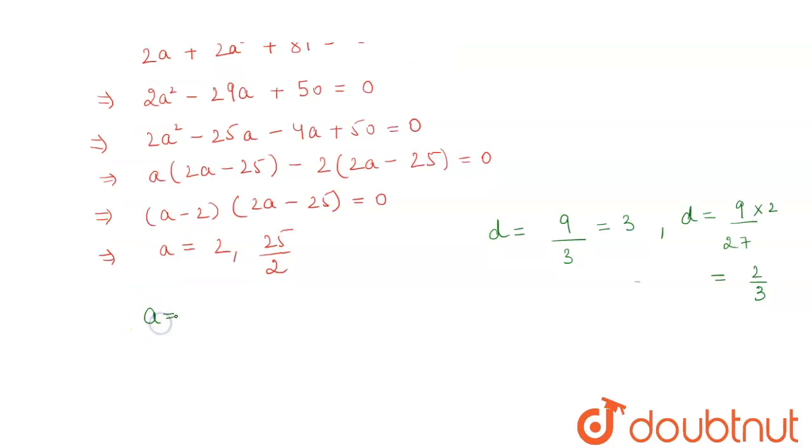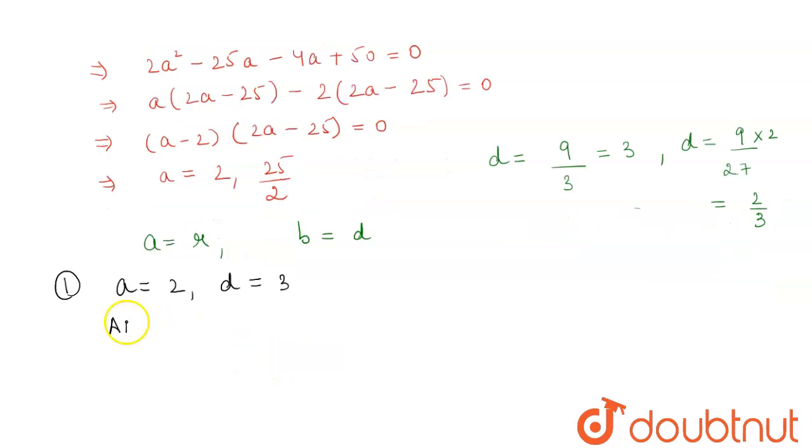We also know that a is equal to r and b is equal to d. So in the first case, where a = 2 and d = 3, we get our AP as first term 2, second term plus 3 which is 5, again plus 3, 8, and so on. And our GP will be: first term b, which is d, 3, then a into r, 6, 12, and so on.